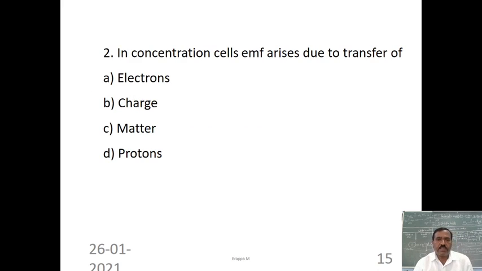Next, second question: in a concentration cell, EMF arises due to transfer of dash. A is electrons, B is charge, C is matter, D is protons. In concentration cells, EMF arises due to the transfer of matter, so C is the answer.